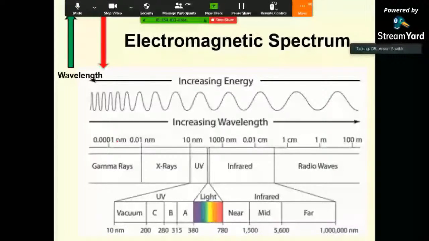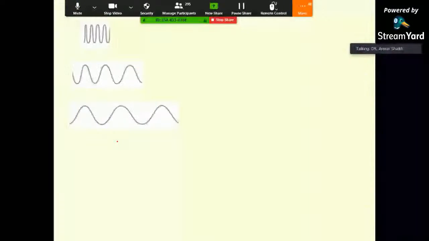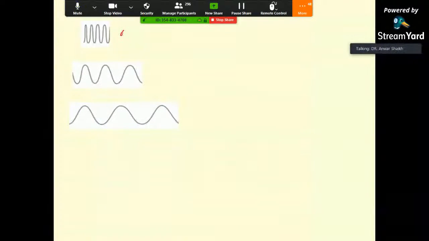You are well aware of this concept, energy content and the wave number. Here there are three waves, which I am labeling A, B, and C.